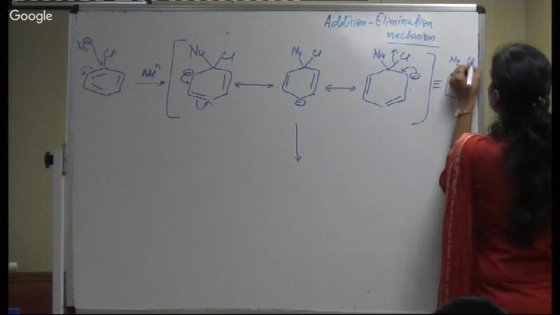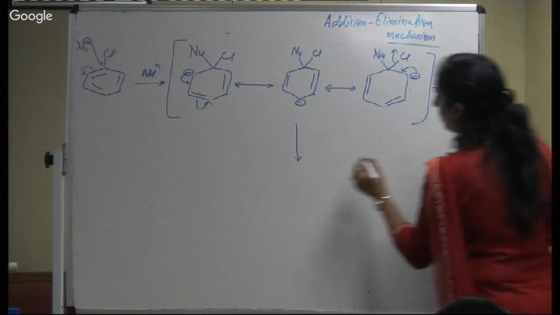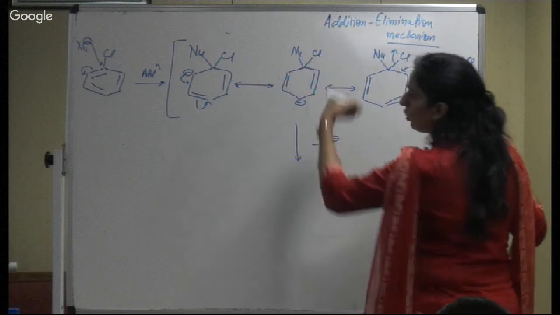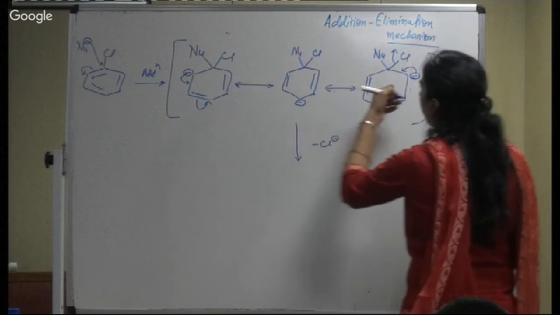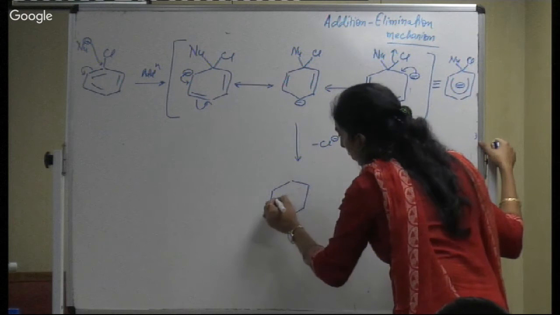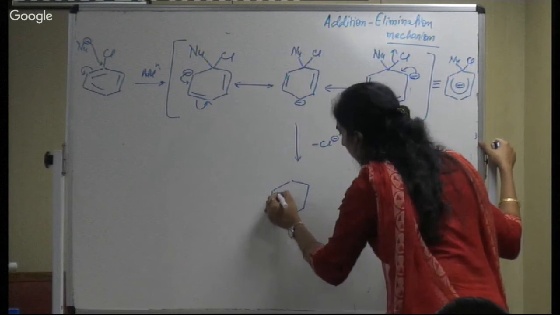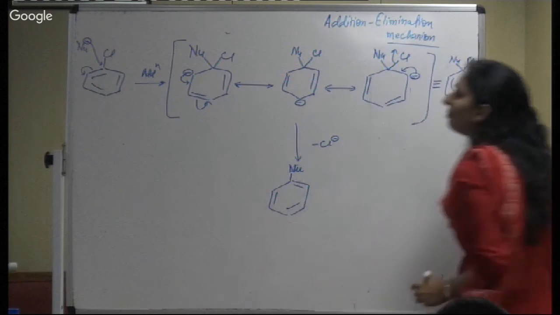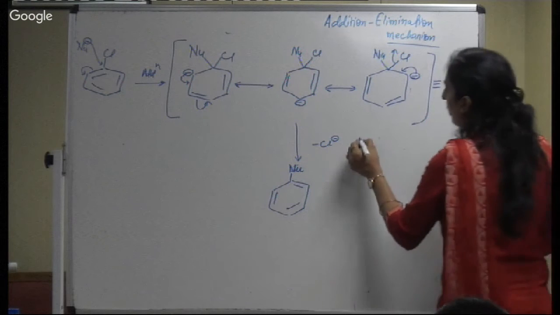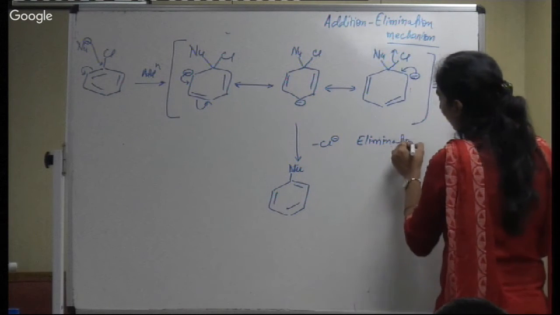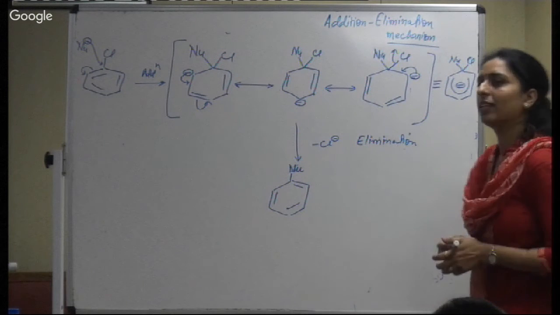This is addition. Now the removal of halide from either of the resonating structures, from the first one or from the last one, you can write, and you will get the product. I'm writing from the last resonating structure. This is your elimination. That is why the mechanism is called addition elimination. Clear?